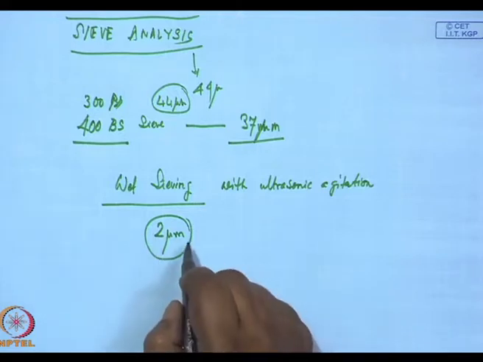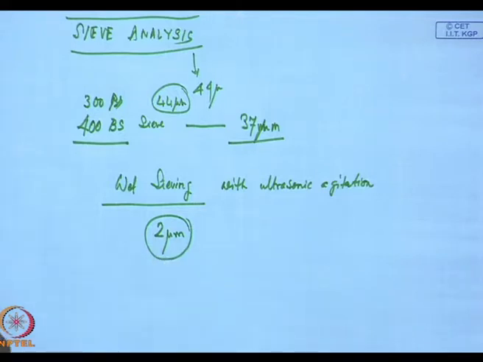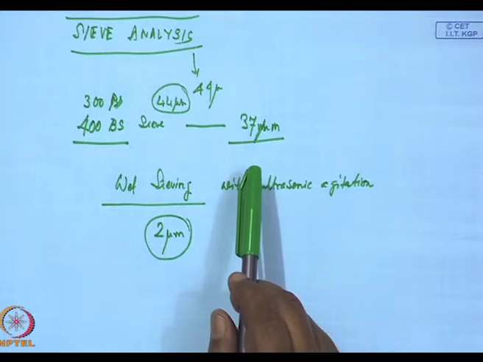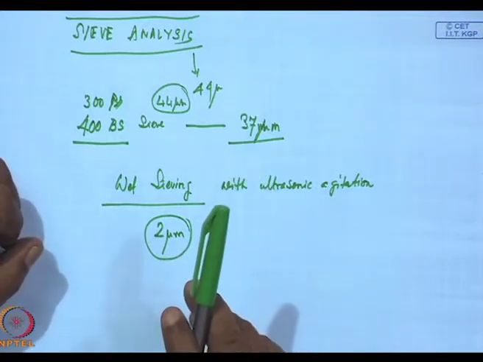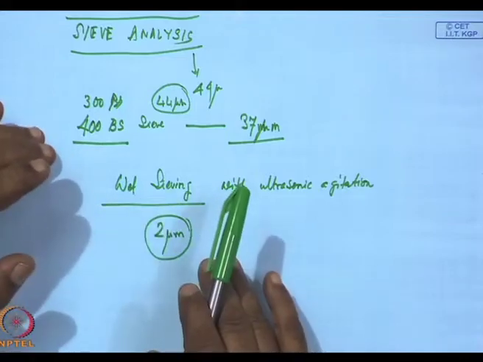But then it is a very time consuming, very expensive process for getting different size fractions down to 2 microns with wet sieving.